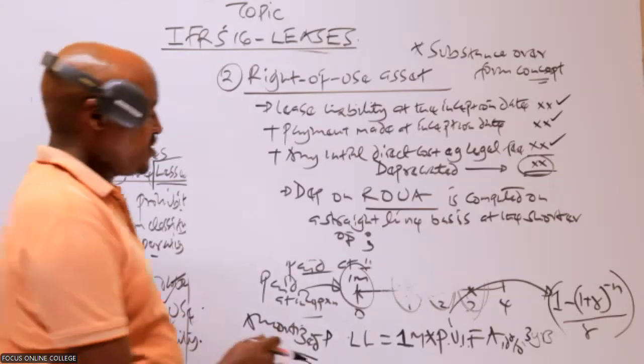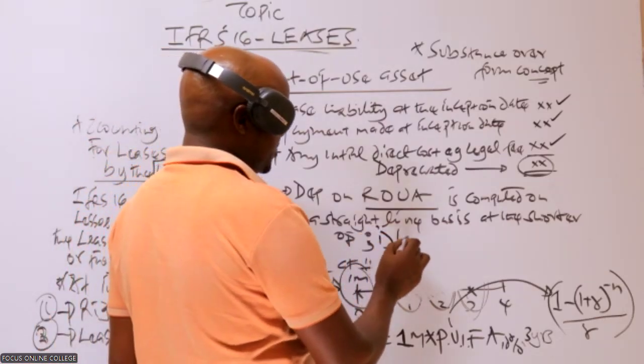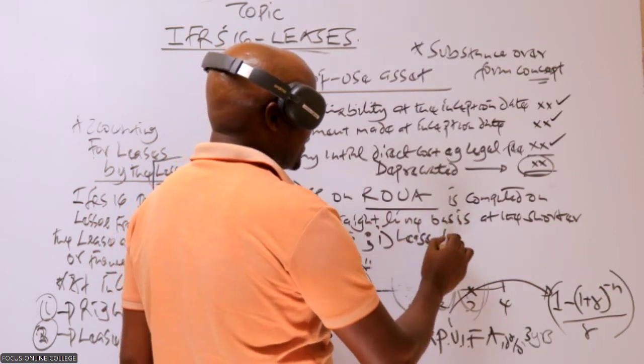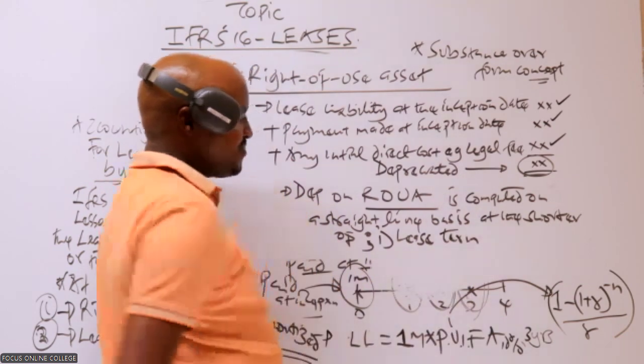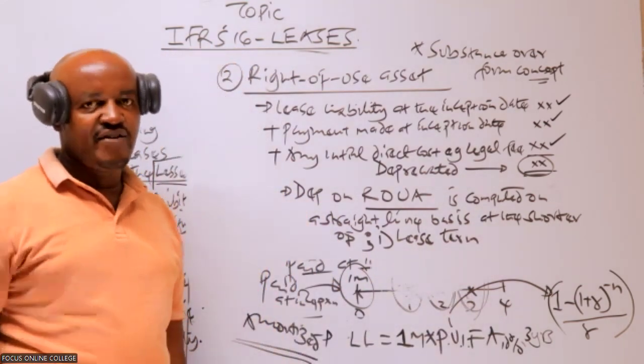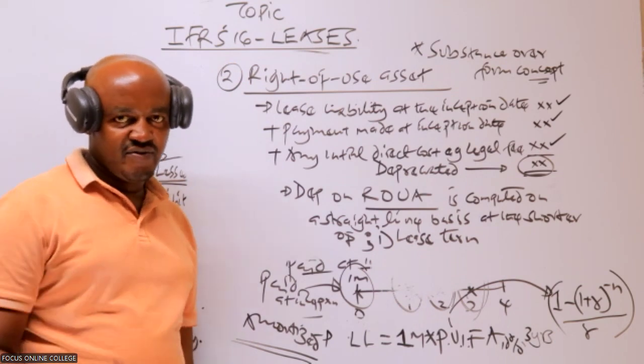Shorter of two periods. So here we consider two periods. There is the lease term, the period of the lease. So if you have leased an asset for 10 years, for 5 years, for 3 years, we refer to that as the lease term.